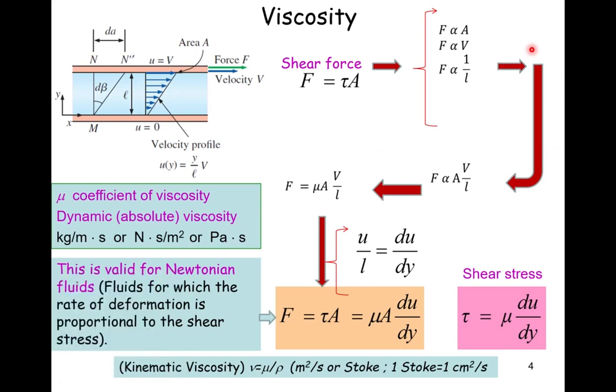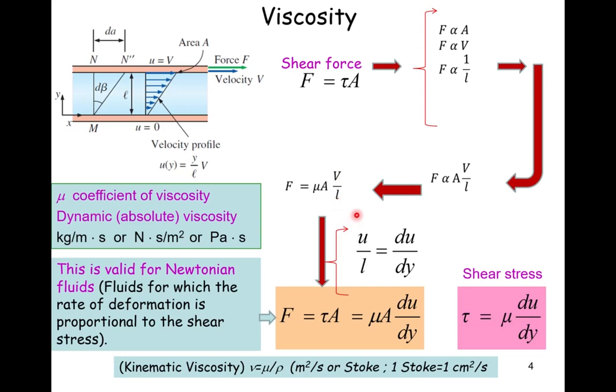Now moving from here, we can write a relation between force, surface area, velocity, and the distance between the two plates, based on what we discussed. Then if we want to have an equation, we can say force is equal to a property of the fluid, which is viscosity, mu, and the rest is surface area, velocity, and the distance.